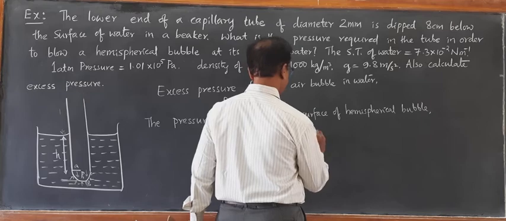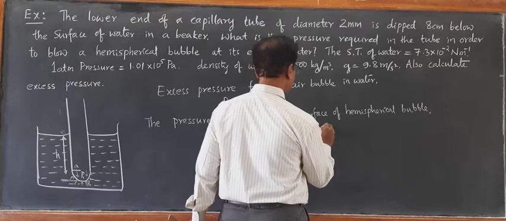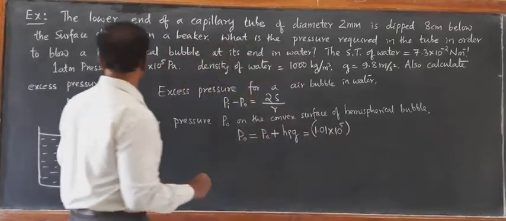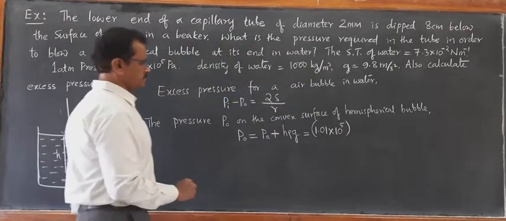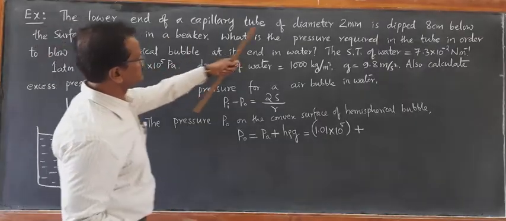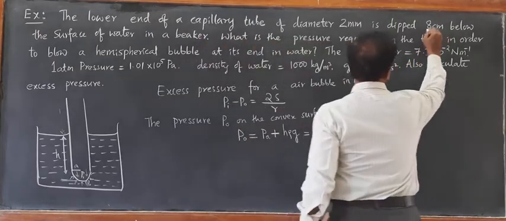So P naught, PA is 1.01 into 10 raised to 5 pascals, as given, plus the height, which is about 8 centimeter. It is given here 8 centimeter below the water.